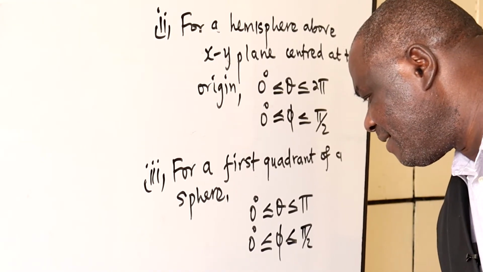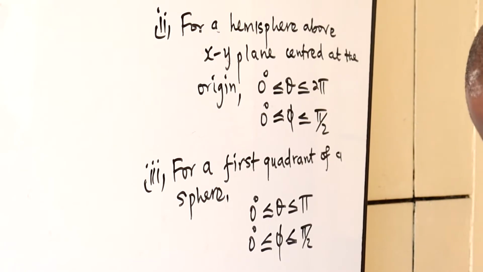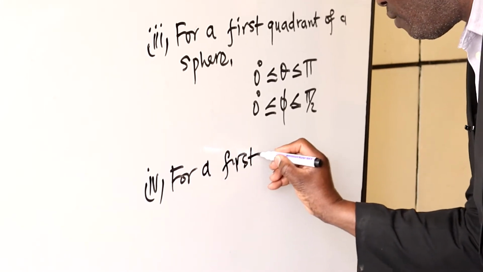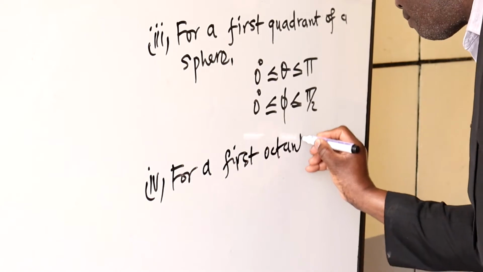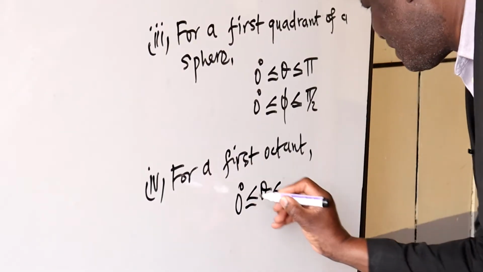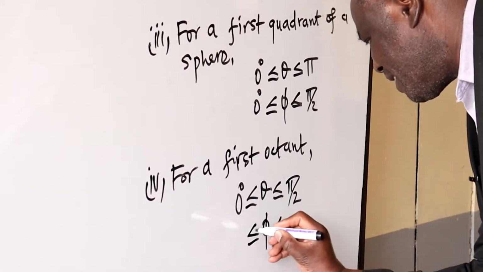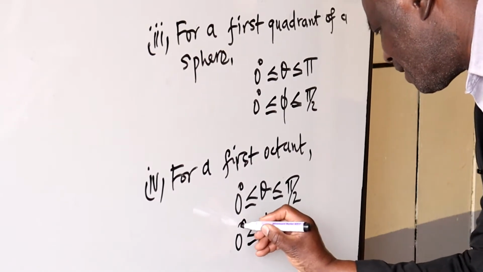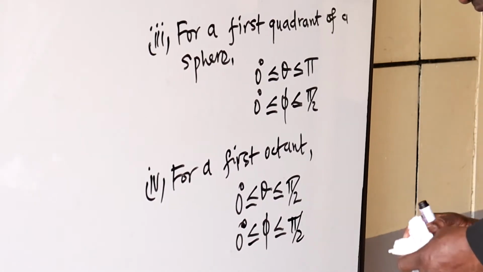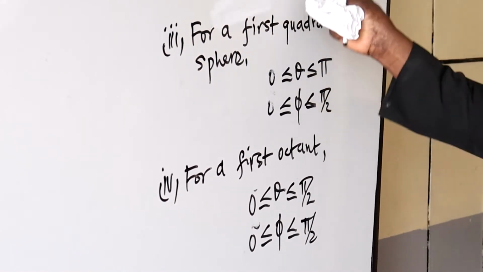For a first octant, theta will be changing from 0 degrees to pi over 2, and phi will be changing from 0 degrees to pi over 2. That is, from 0 to pi over 2.